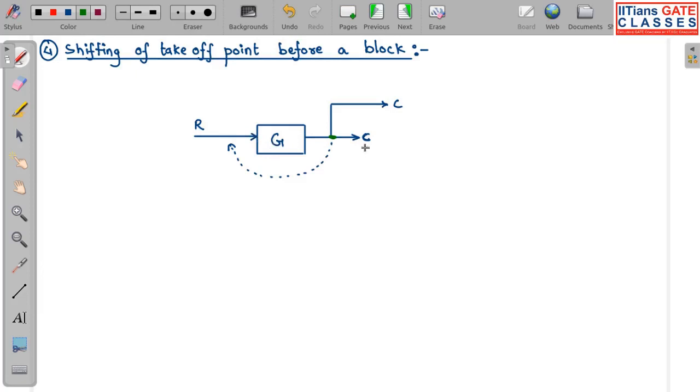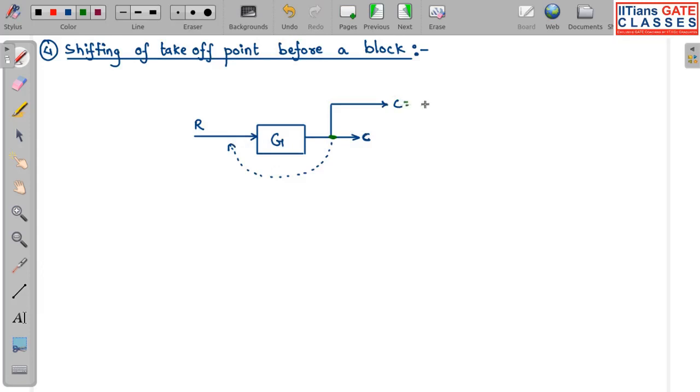So your main aim whenever you shift a takeoff point or an adder point is to keep the output of the takeoff point the same. Here, I wish to shift this takeoff point behind this block. What is the output of this block?